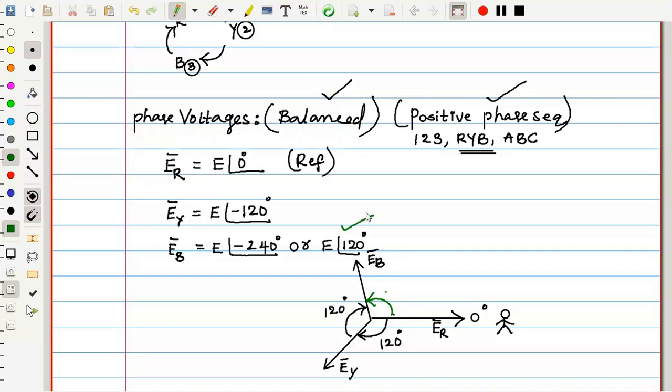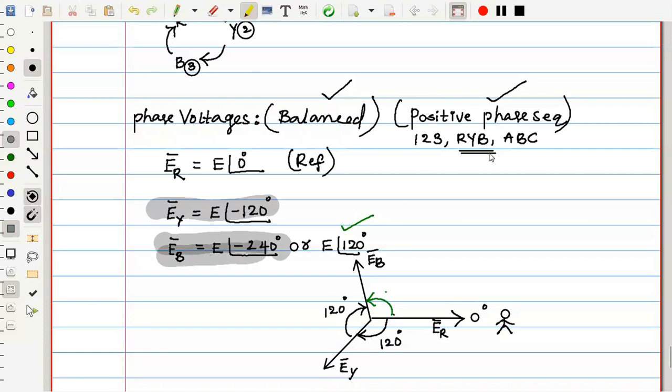So hereafter, people will say a balanced supply of some magnitude, let us say 440 volts. From this given information, if it is a positive phase sequence, you could produce the remaining voltages. These two voltages can be drawn by default on your own.